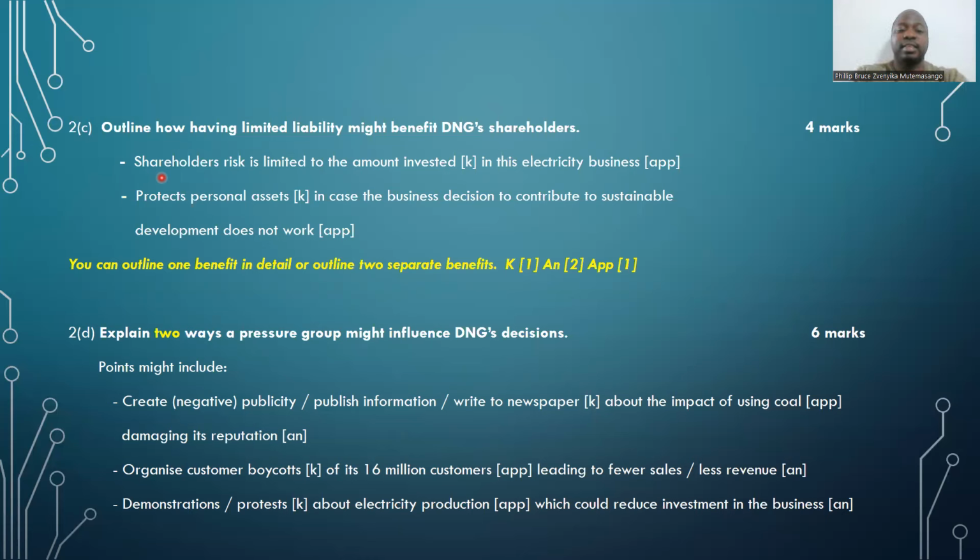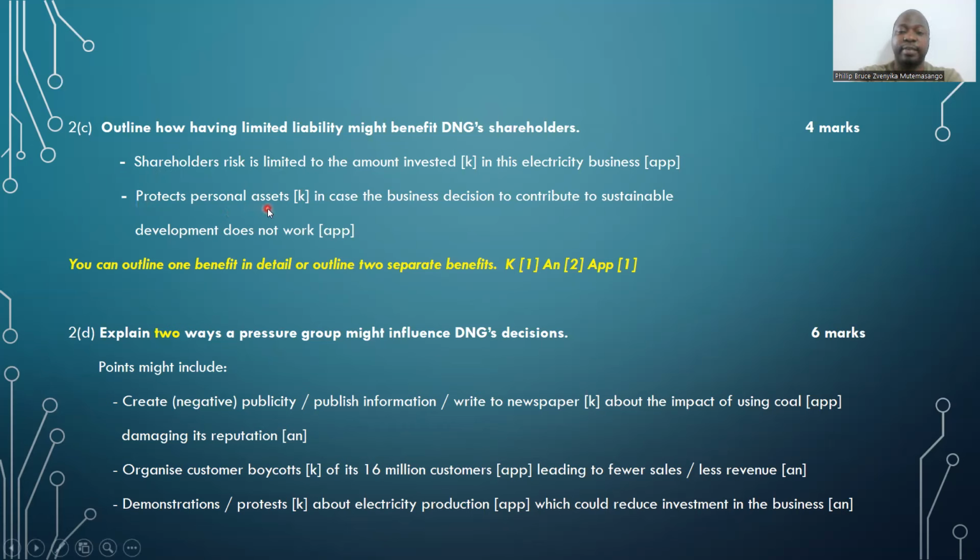So the first answer you can put across is that shareholders' risk is limited to the amount invested. That can be your first point, and in this electricity business, that will also be a mark for application. The second point you can put across is that it protects personal assets.